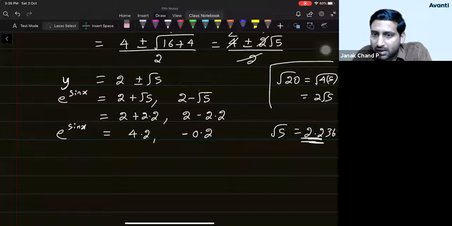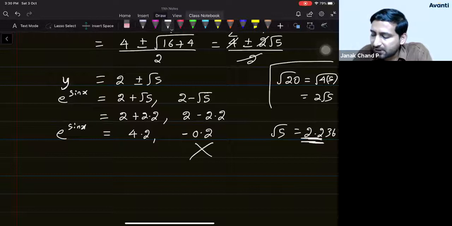Fine. So now the correct answer is there is no real solution for this. Why? See here, you don't have just x here. If you had an x here, then e to the power of x is equal to this is meaningful. But since you have sin x here, e to the power of sin x can never be this and it can never be this.